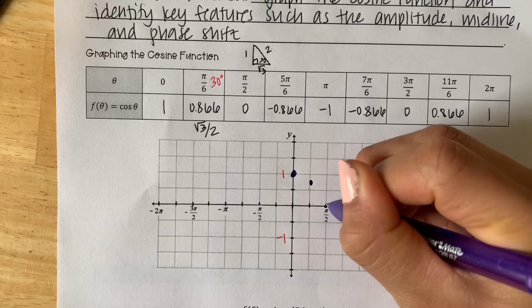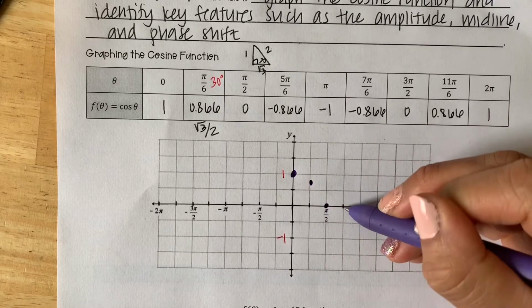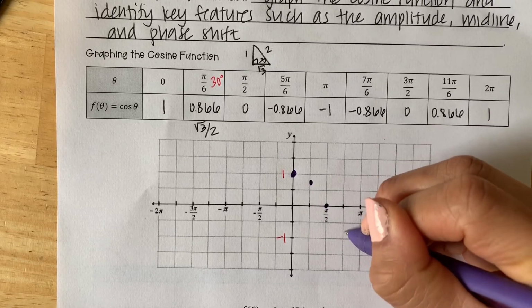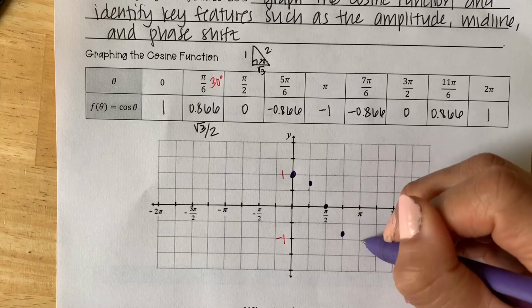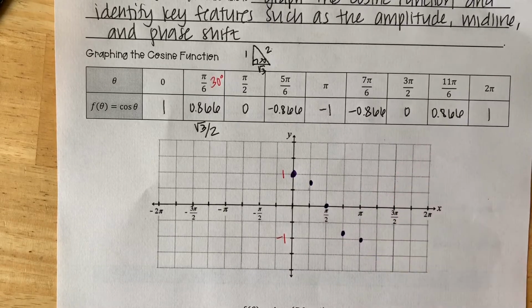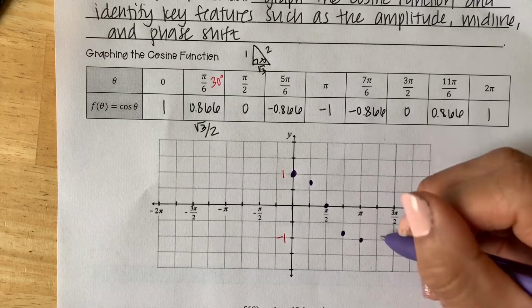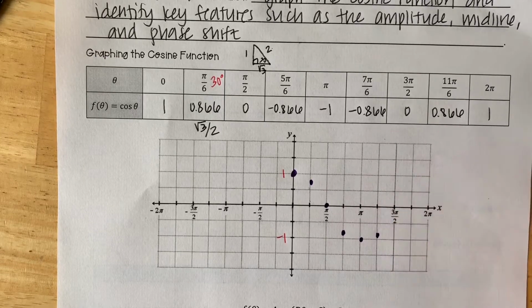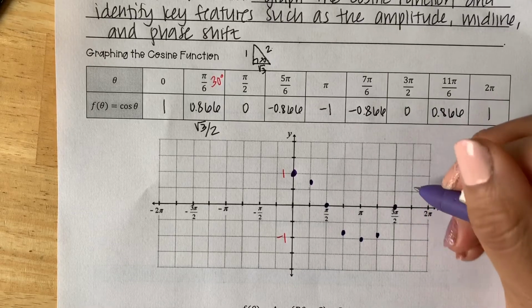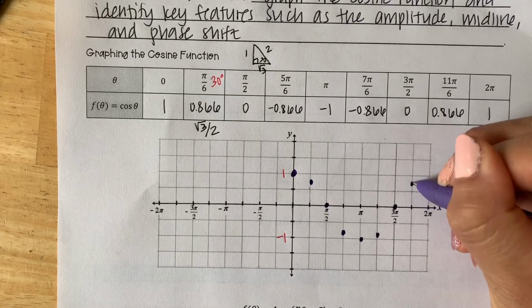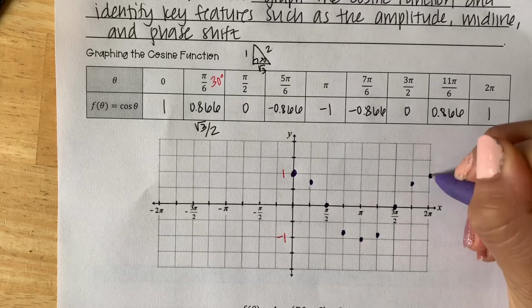Pi over 2 is 0. 5 pi over 6, negative 0.866. Pi, negative 1. 7 pi over 6, negative 0.866. 3 pi over 2, comma 0. 11 pi over 6, 0.866. 2 pi is 1.